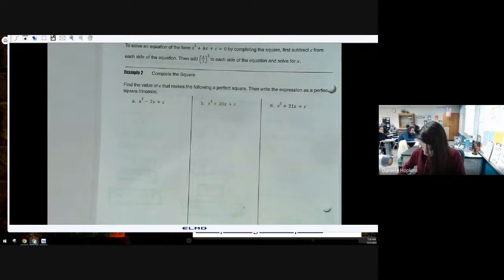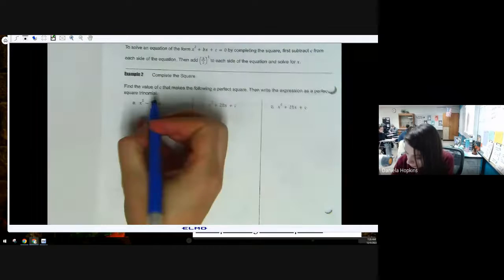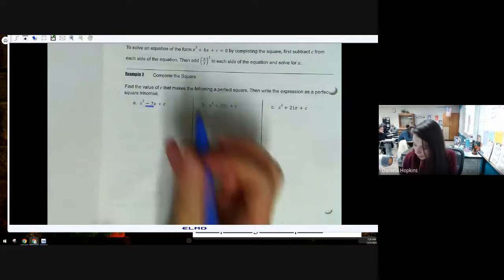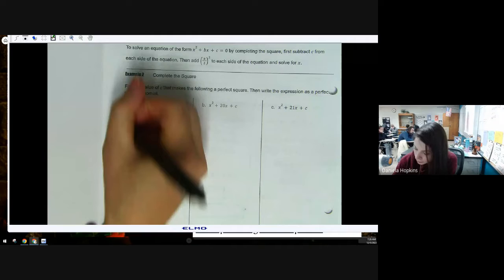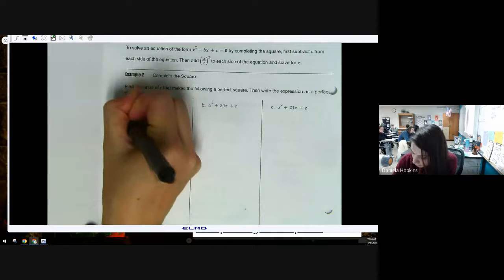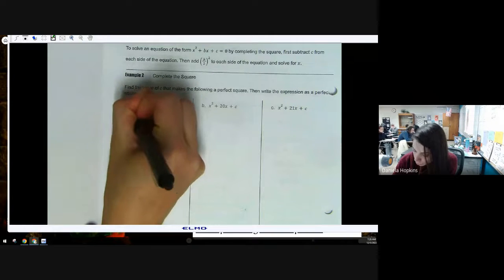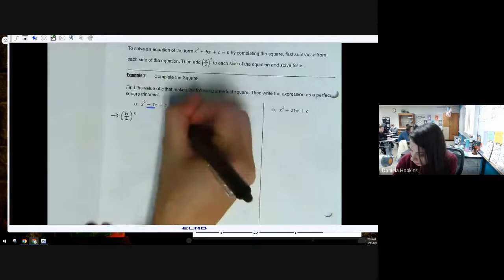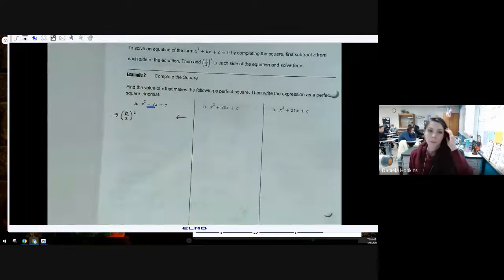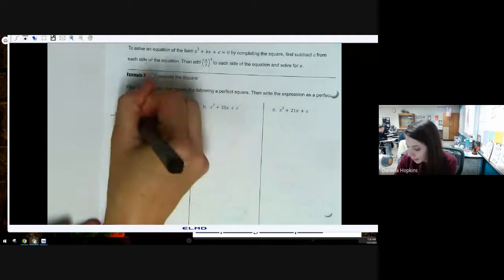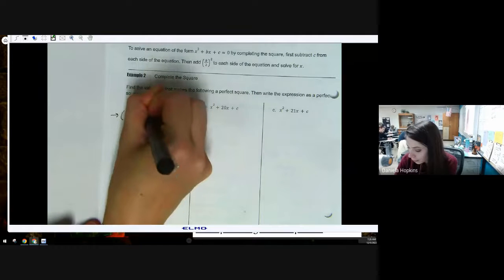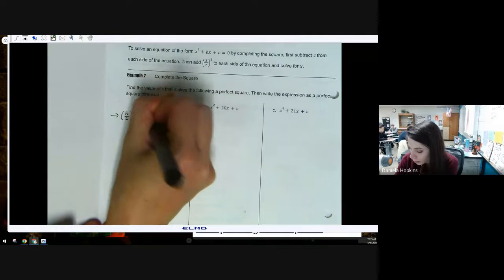Remember, in a quadratic equation, your b value is always this number that's attached to x. So in this case, and I always write this intermediate step out, b over 2 squared. So this is my intermediate step. If b is -7, this would be -7 over 2 squared.